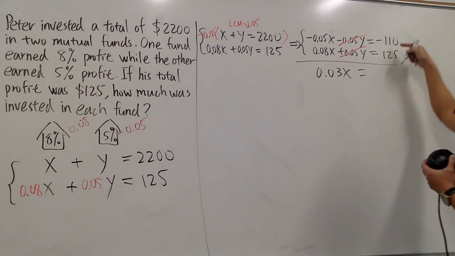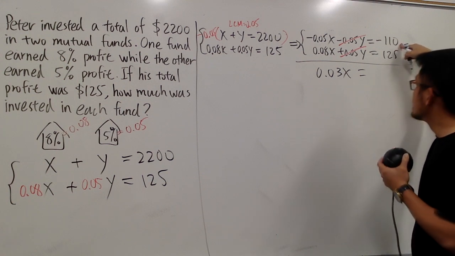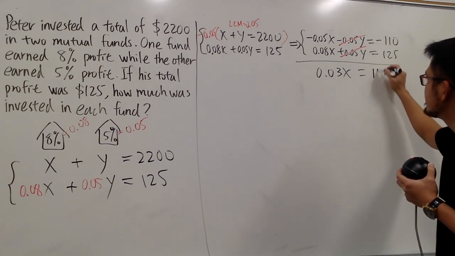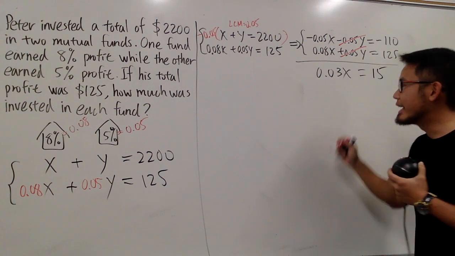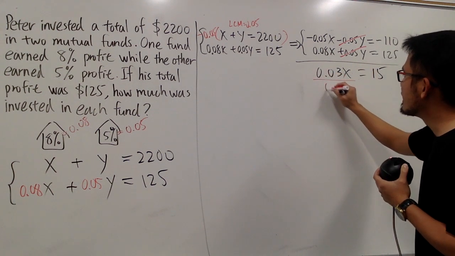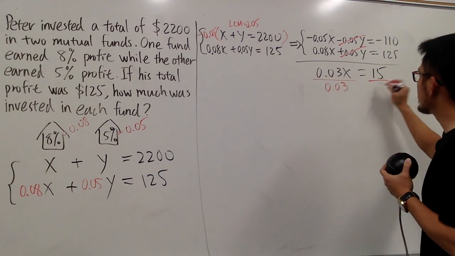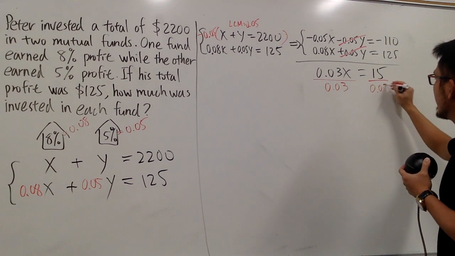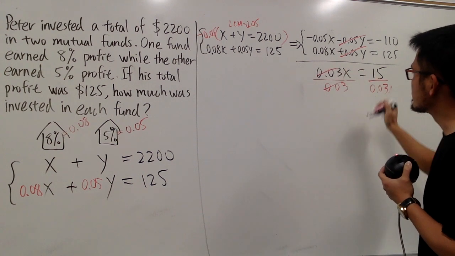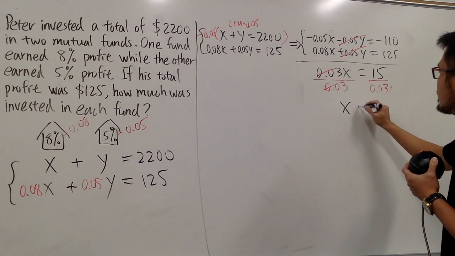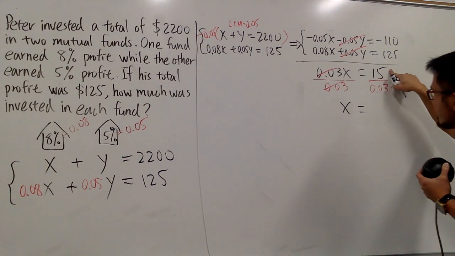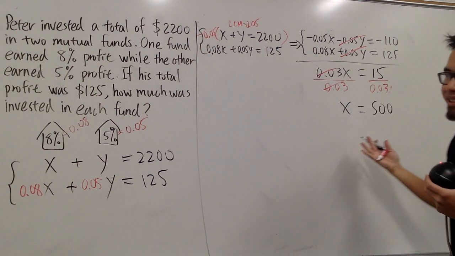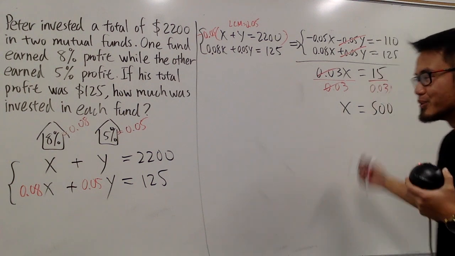And this is going to be negative 110 plus 125. This is positive 15. And then I can just go ahead and divide both sides by 0.03. And we will see that this and that will cancel. And X will be, take 15 divided by 0.03, we will end up with 500. Okay, we end up with 500.